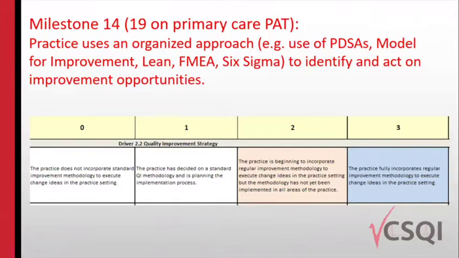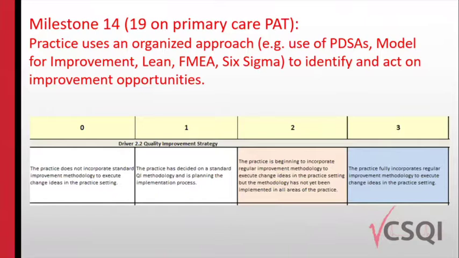And so the models given in the milestone, for example, PDSA, which stands for Plan, Do, Study, Act, or the model for improvement, Lean, FMEA, Six Sigma, those are all standardized approaches that have been used in other industries, have been used somewhat in healthcare, and lots of times there are training courses around those models that hospitals and practices start to use and incorporate. So let's talk to the scores and how I would interpret them for the practice.